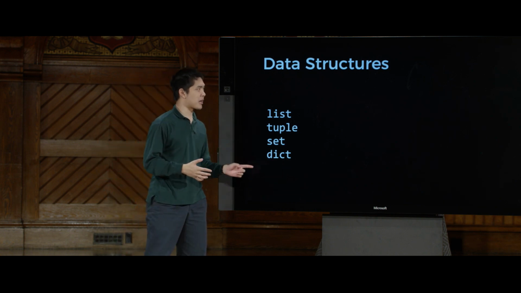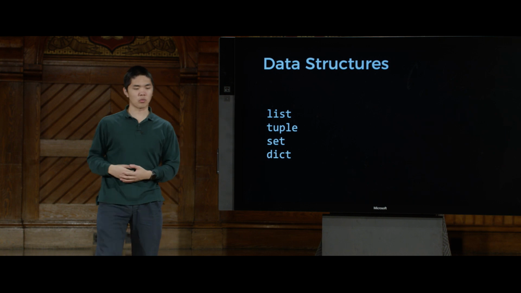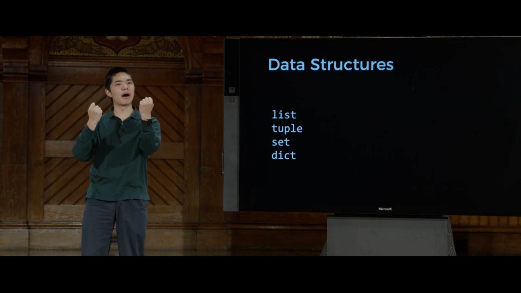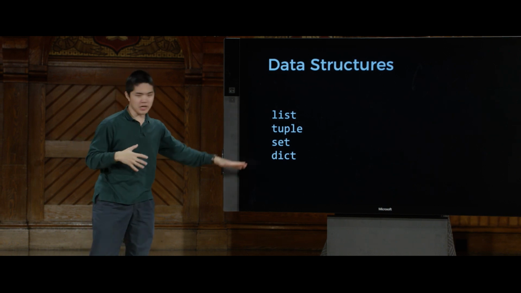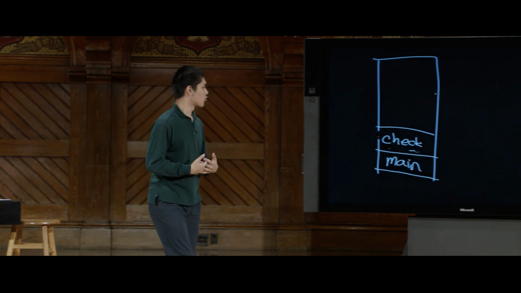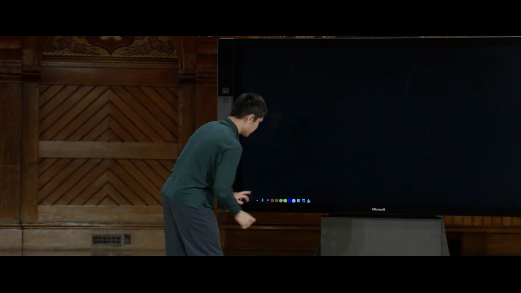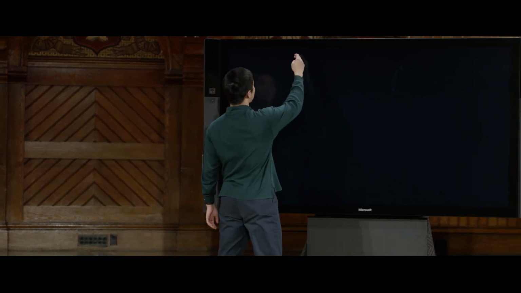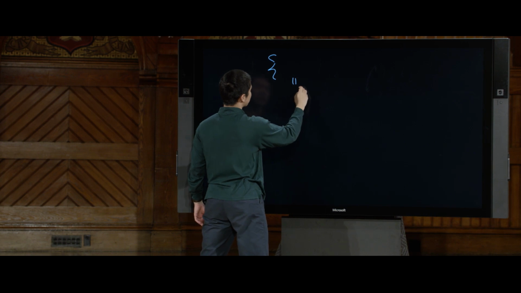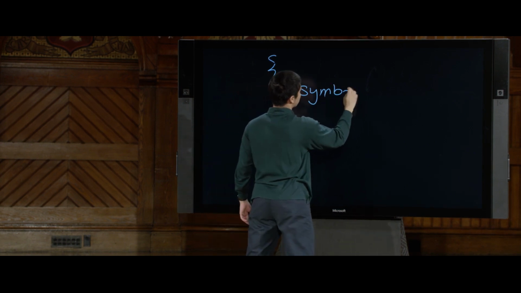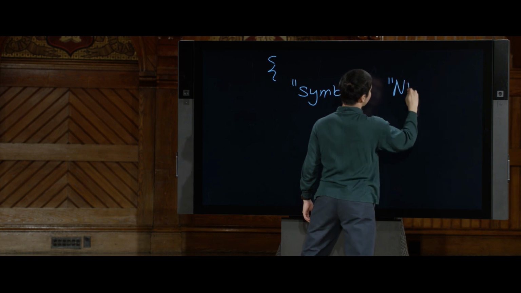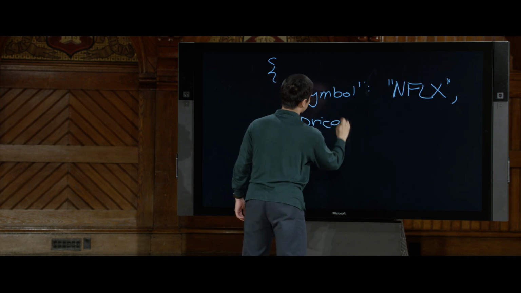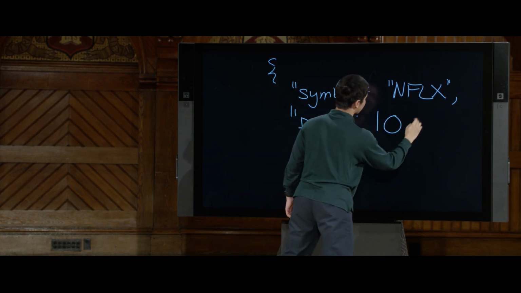And then finally, a dictionary was one that we used a lot, especially in this most recent week, to say things like, if I want to relate keys to values, how do I do that? And a dictionary was a way to do that, such that if I wanted to, for instance, represent stocks, in this most recent problem set, I might have had a dictionary that had a symbol which would be equal to some value like NFLX for Netflix, and you might have had price, which is equal to, I don't know, $10.50.